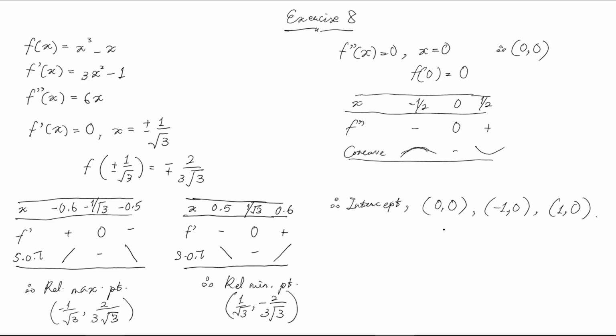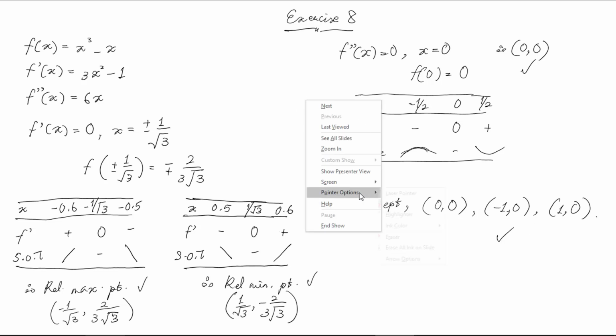Okay, so those are the 3 core points needed for us to sketch this curve. This is number 1, definitely belonging to the first category, also number 2 and number 3. So you can pause the video to capture all those important points.